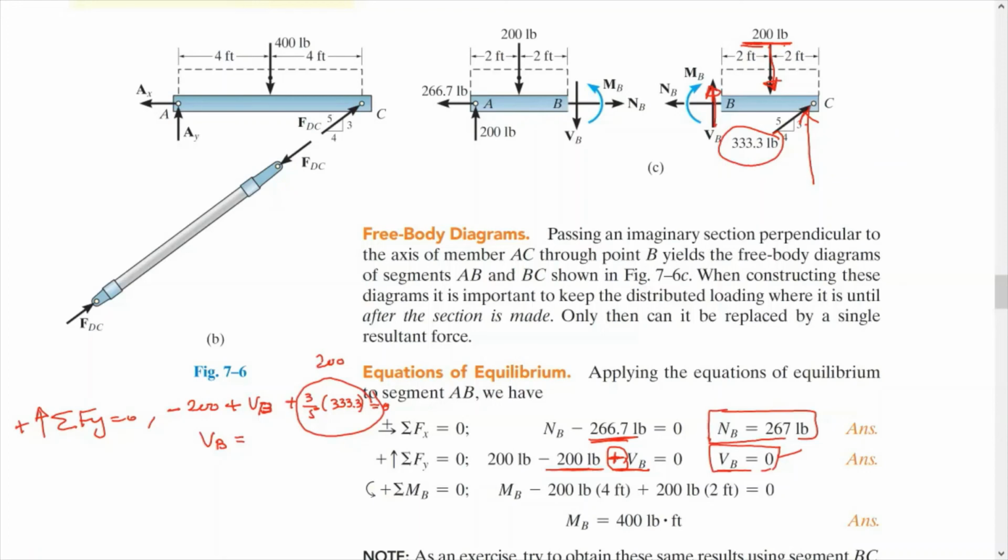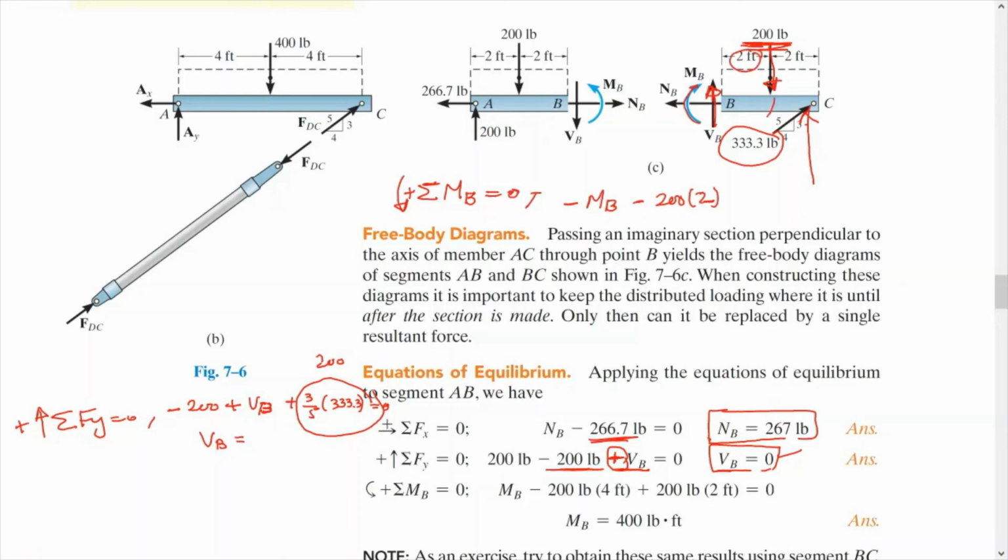So if we take the summation of the moment at B equals 0, assuming positive counterclockwise, we have minus M_B, and this is clockwise, minus 200, which is this one, times 2 feet, which is this distance.